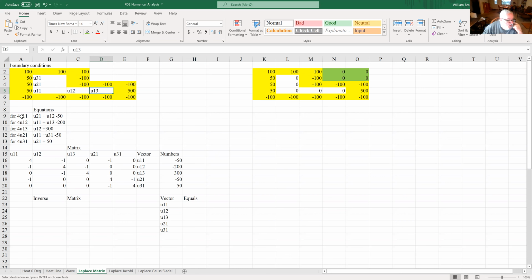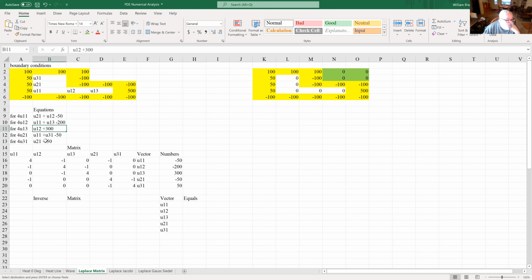And I want to know what these things are. And so what we have is 4 times U11 is U21 plus U12, and then minus 50, right? Minus 100 plus 50. So this is the equation. 4U11 equals this. 4U12 is U11 plus U13 minus 200. That's that. U13 is U12 plus 500 minus 200.